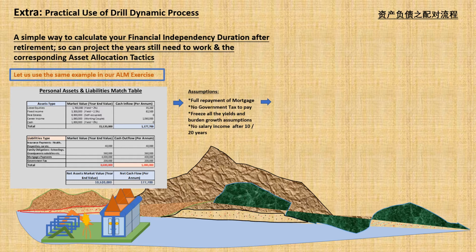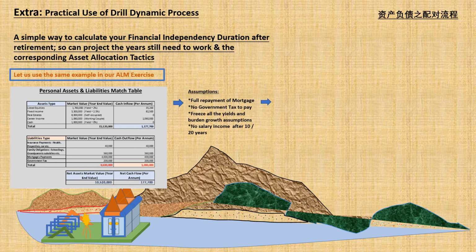We have several assumptions to make the case very simple, so you can add the complexity yourself. First, we assume full repayment of the mortgage after 10 years in the 10 years scenario, and after 20 years in the 20 years scenario. We assume that after you stop working and have no mortgage, you do not need to pay tax. And we will assume all the yields and the burden will not grow and stay the same as now.